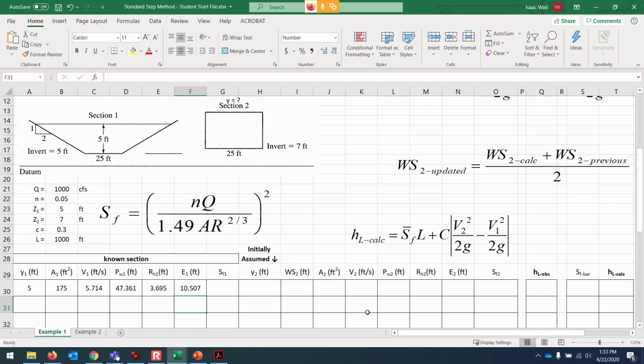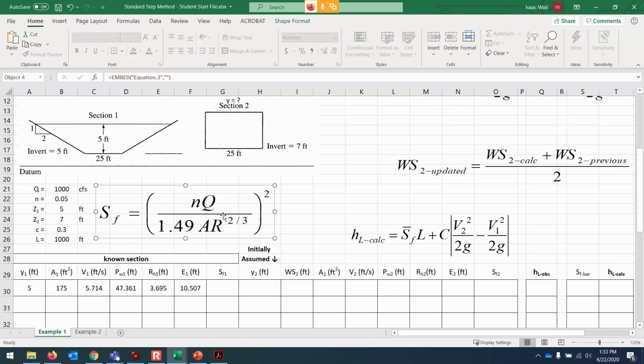and now the slope of the energy grade line, we're going to use Manning's equation for that. And so you can see Manning's equation is here.